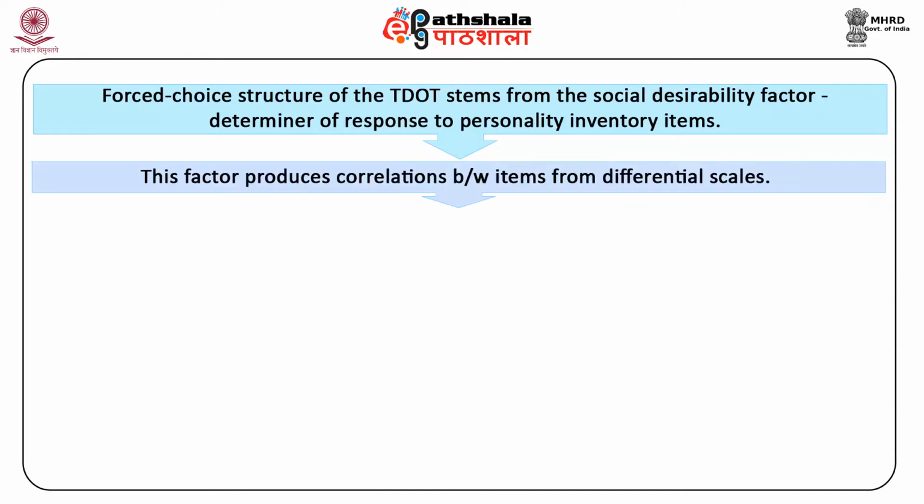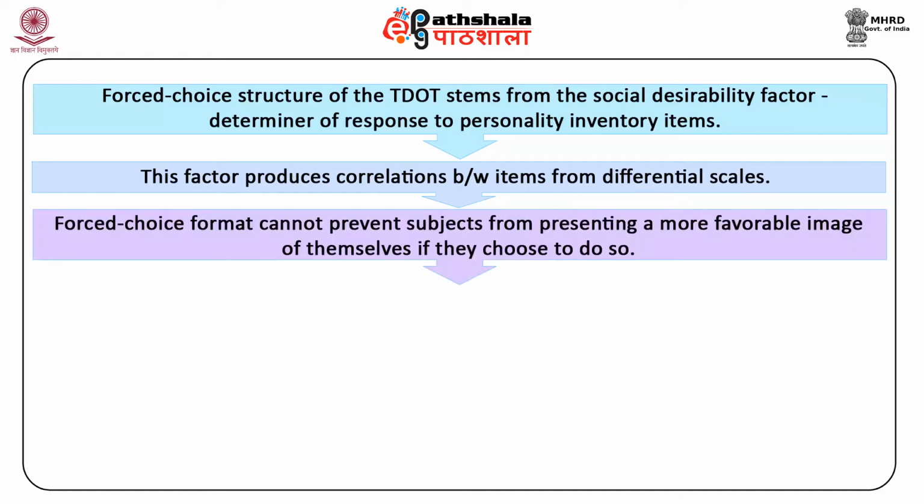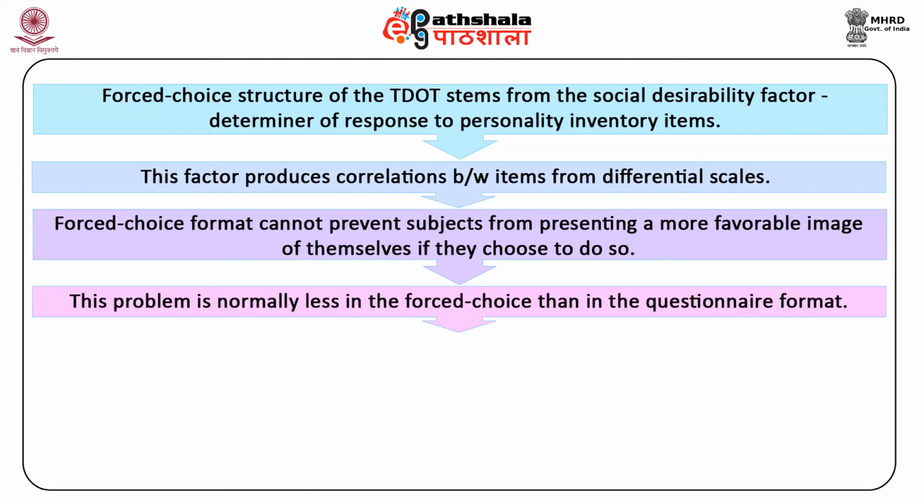This factor produces correlations between items from differential scales, which obscures the differential measurement of the traits the scales are designed to measure. While the forced choice format cannot prevent subjects from presenting a more favorable image of themselves if they choose to do so, this problem is normally less in the forced choice than in the questionnaire format.